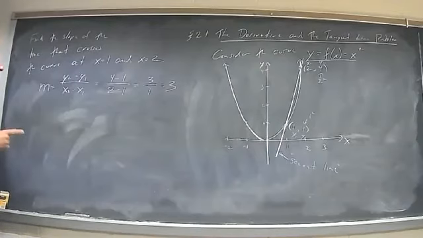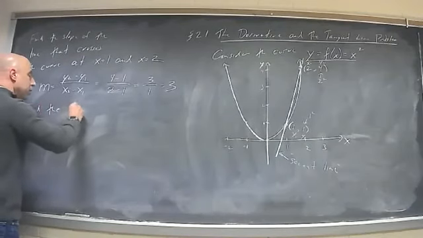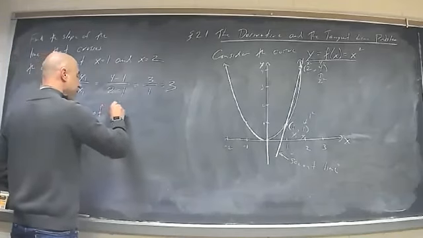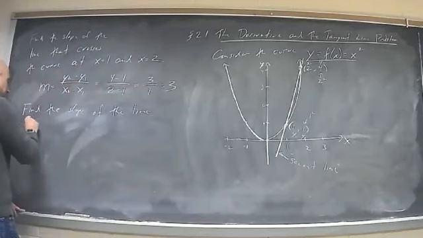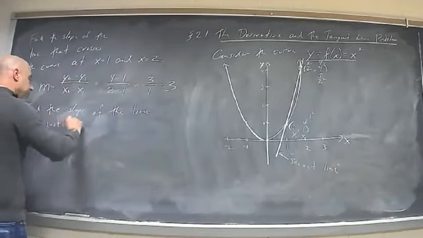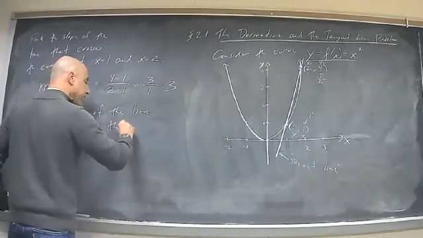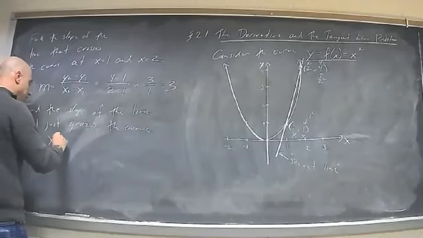But let me ask you a different question. Find the slope of the line that just grazes the curve at x equals 1.